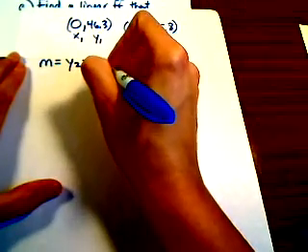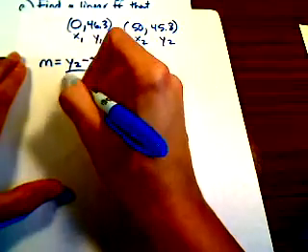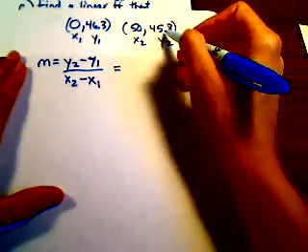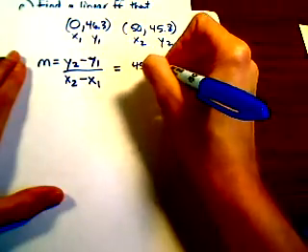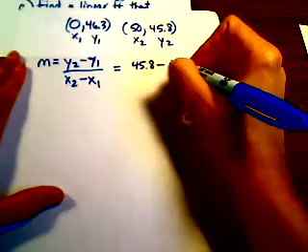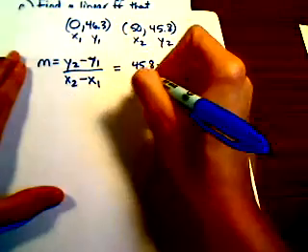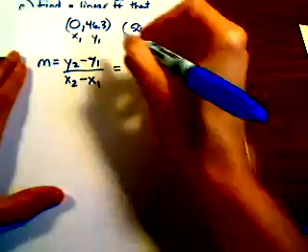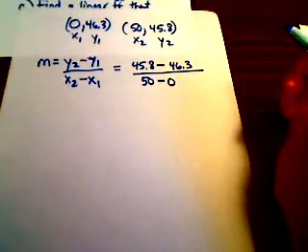And remember that your slope formula is y2 minus y1 over x2 minus x1. So if we plug these in, y2 is 45.8 and y1 is 46.3. That's all over x2, which is 50, minus x1, which is 0.